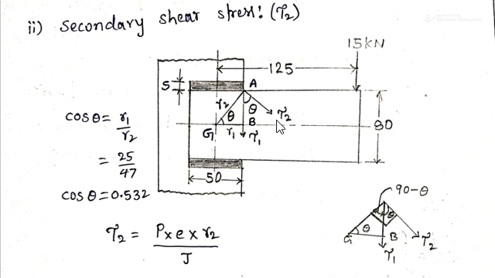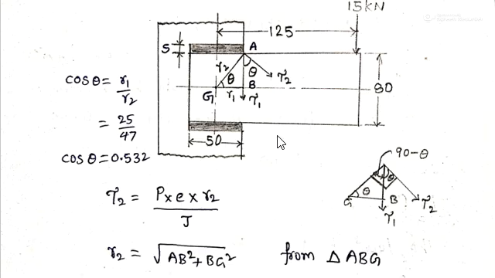We should design for maximum stress only, and the magnitude is proportional to this length. So this length is more, so tau 2 is more. The primary shear stress tau 1 is vertically downwards, and the direction of tau 2 is perpendicular to the line joining the center of gravity to this point. This tau 2 we have to find out.